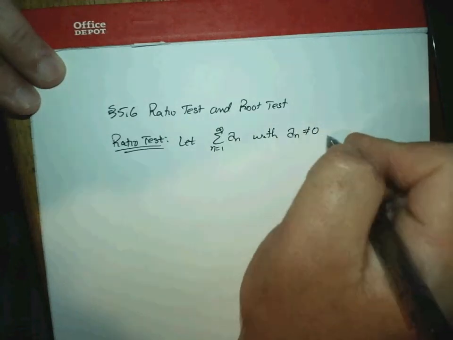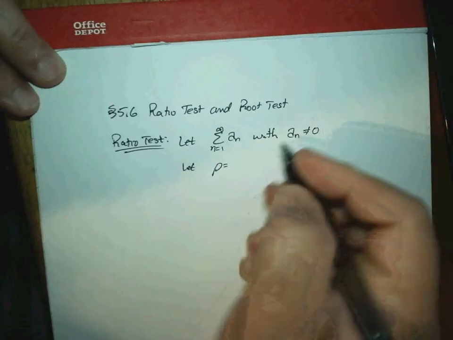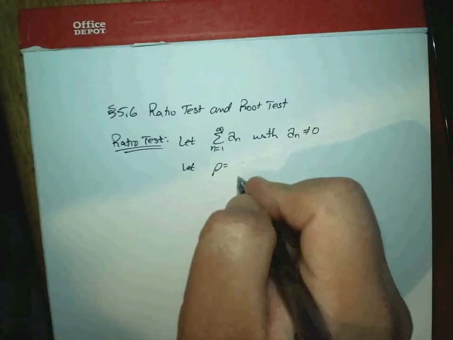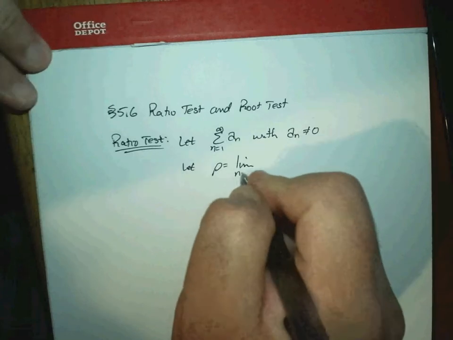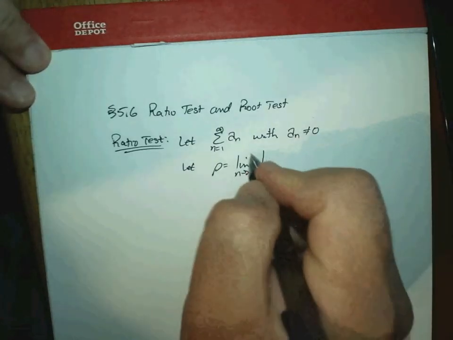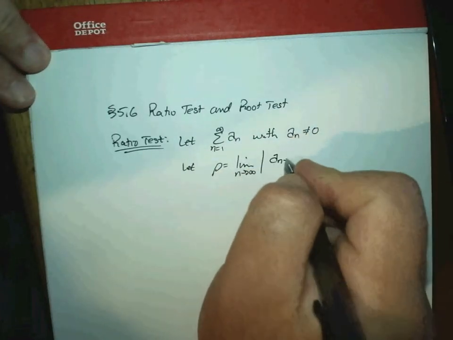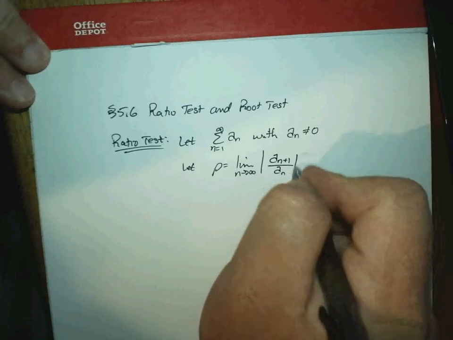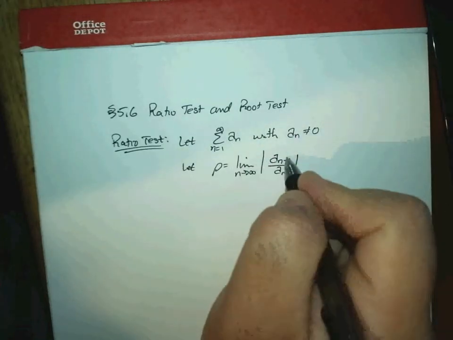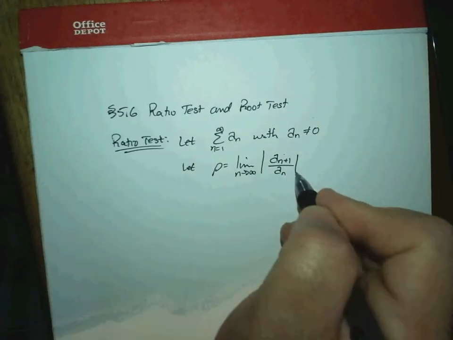And then let this value rho, the Greek letter for r, hence ratio root r, be the limit as n goes to infinity of the absolute value of the ratio of the n plus 1 term versus the nth term. In other words, take the generating function for your series, write down what the n plus 1 term would look like, divide it by what the nth term would look like, and take the limit of that ratio.